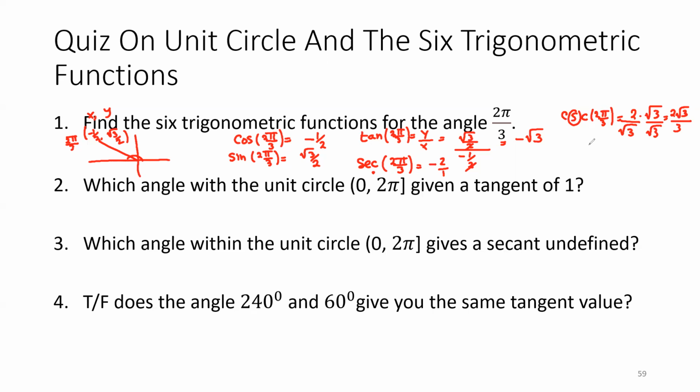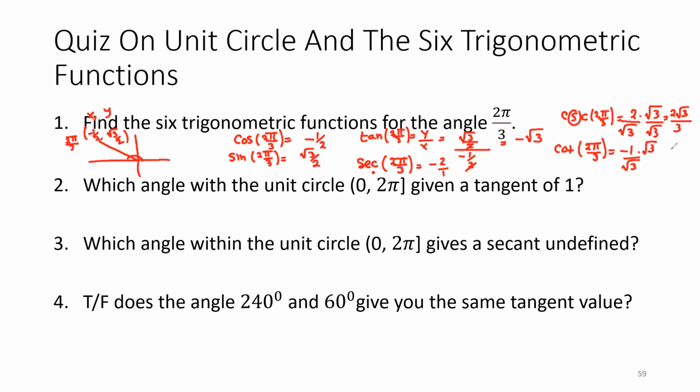And then what else are we missing? Cotangent. The cotangent of 2 pi over 3 is the reciprocal of tangent. So if tangent is negative radical 3 over 1, the reciprocal of that would be -1 over radical 3.